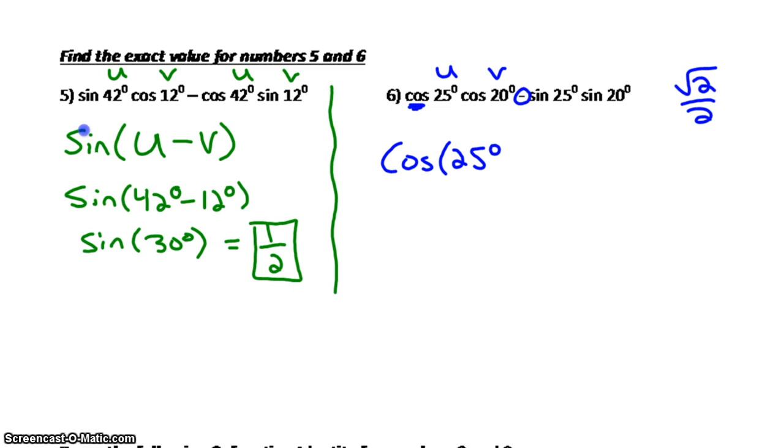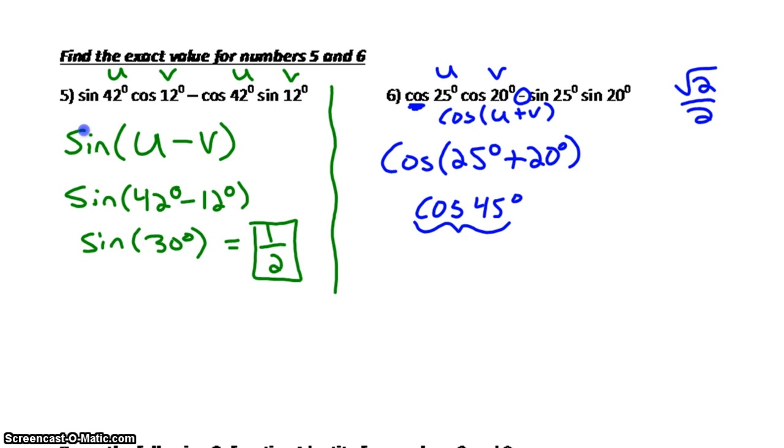Well, in the formula this means that I really have a cosine of u plus v. So I'm going to add the 20 degrees. That's by definition. So if we work this out, I have cosine of 45 degrees. And again, looking upon our trig chart or through the memorization that we may already have, it is radical 2 over 2.